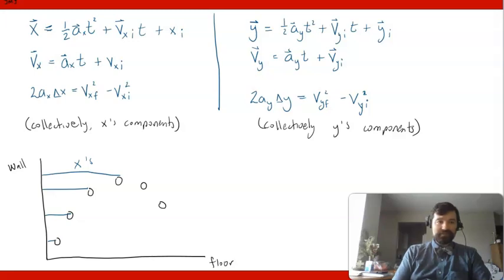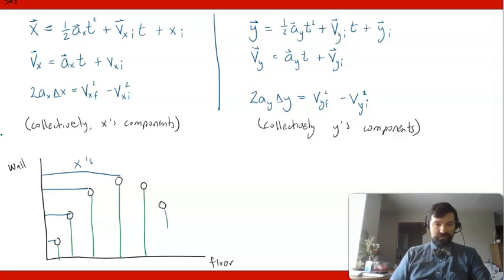And then the distance above the floor, we'll do that in green, these distances right here, how high up this object is as it completes its motion, these would represent the y equations. So x is telling you how far from the wall it is. Y is telling you how far from the floor it is.